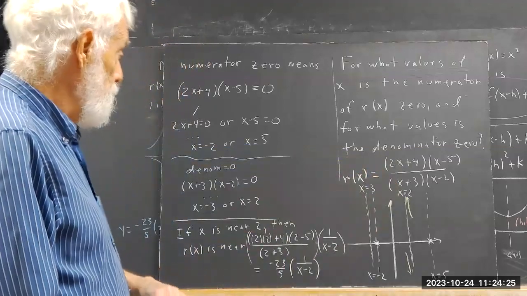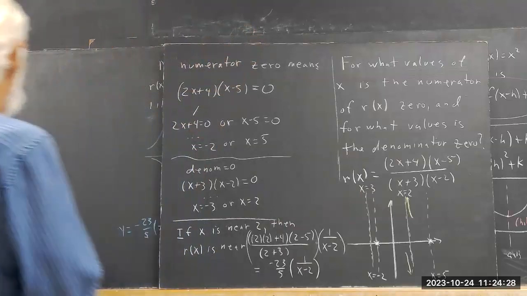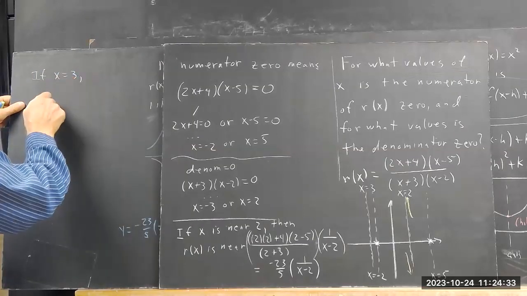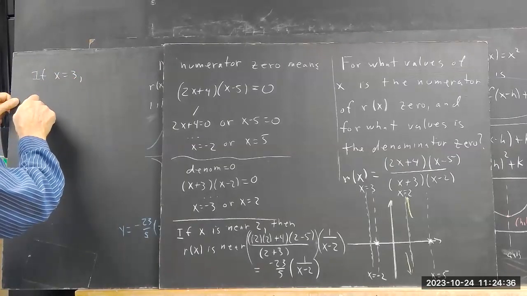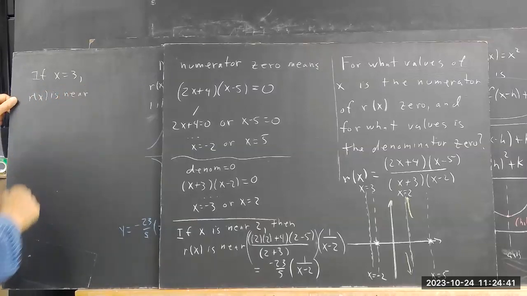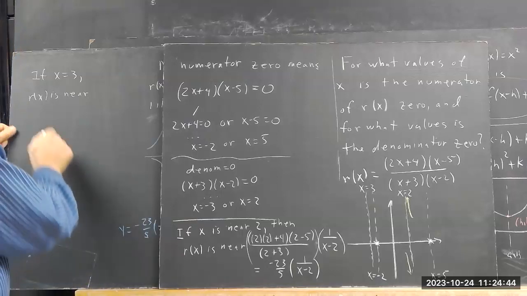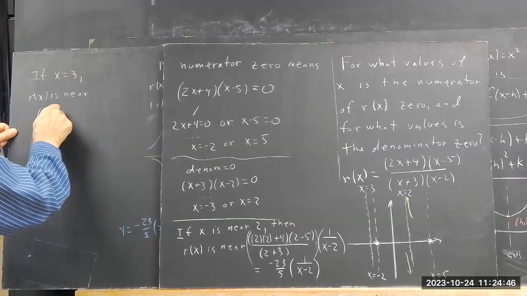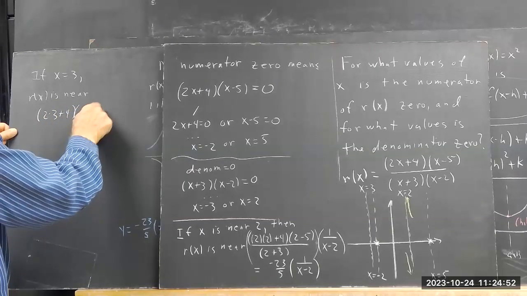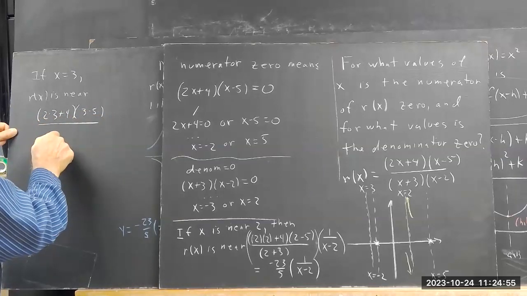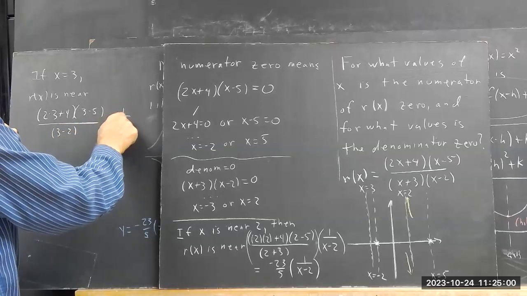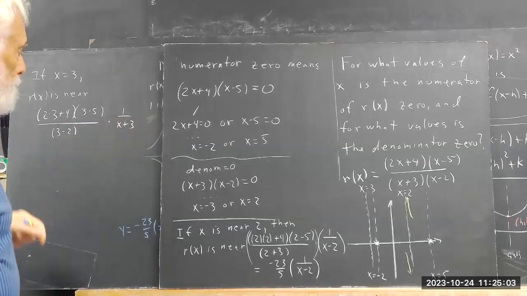Okay, so I just say if x is -3, r of x is near, what is it? 2 times 3 plus 4 times 3 minus 5 divided by 3 minus 2 times 1 over x plus 3.